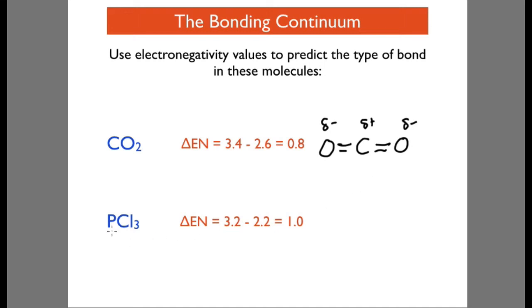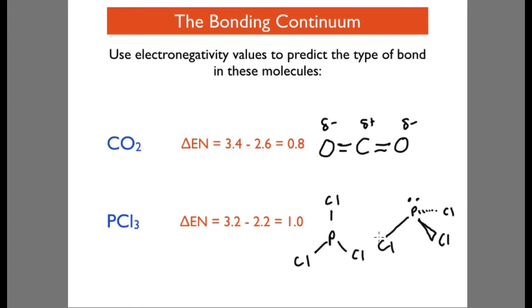You might be thinking that phosphorus trichloride is the same. You'll think, oh, I know, it probably looks like this. And so again, the dipoles would balance out. This is not the case because this is actually tetrahedral. Remember that kind of thing? That triangle means the chlorine is coming out. This dotted line means the chlorine is going away.